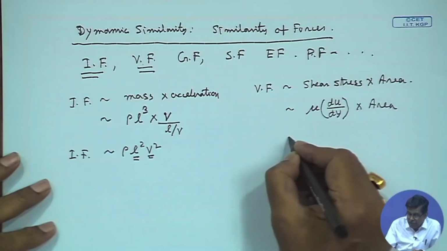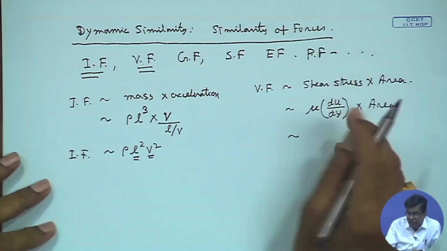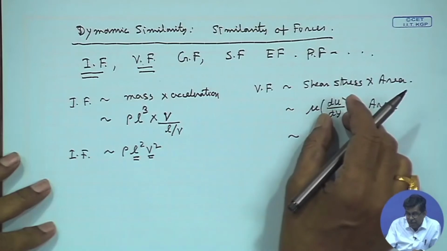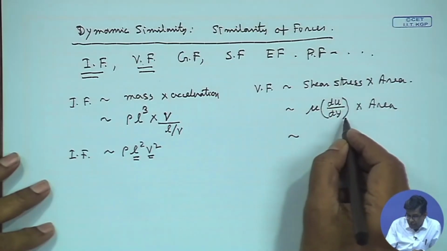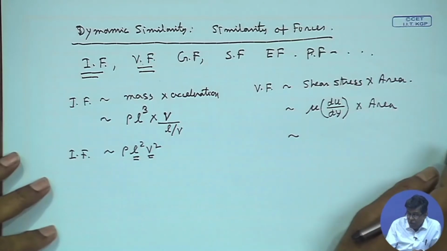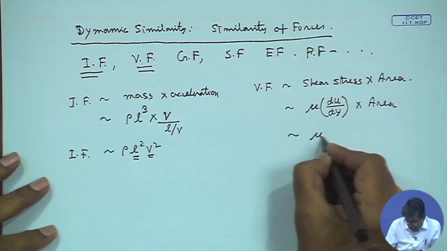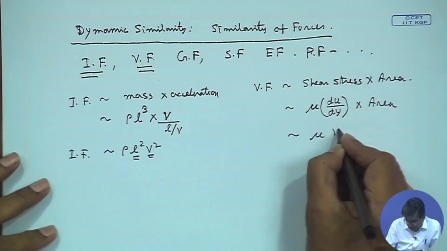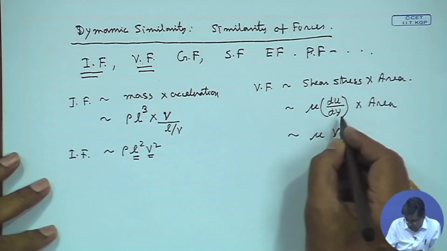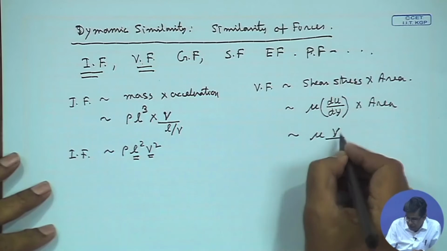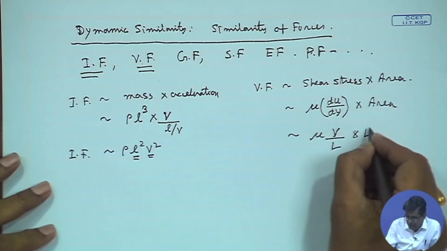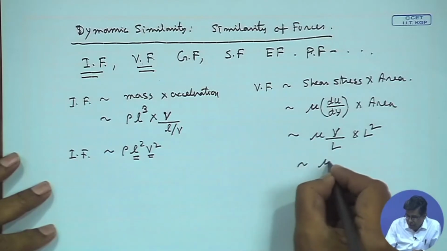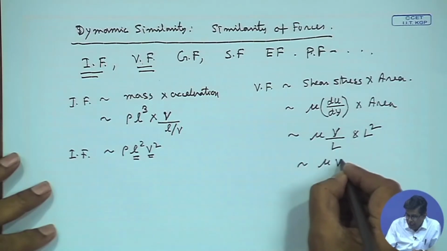So the scaling is mu times the velocity gradient. The velocity gradient is V, the characteristic velocity, divided by Y, which is the length dimension L, and area is L square.